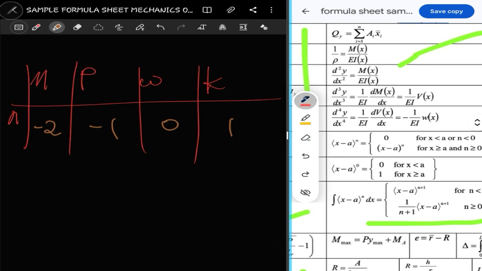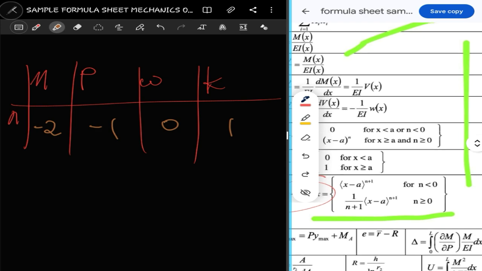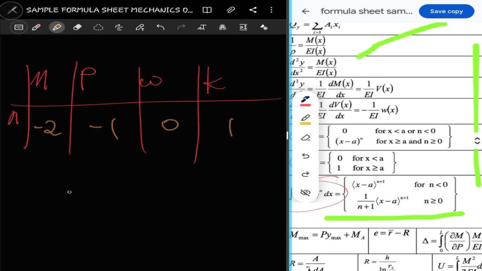So let's say you start doing the representation with something like x minus, let's say a. The lowest n that we can have is -2, right? So let's start with the lowest one.